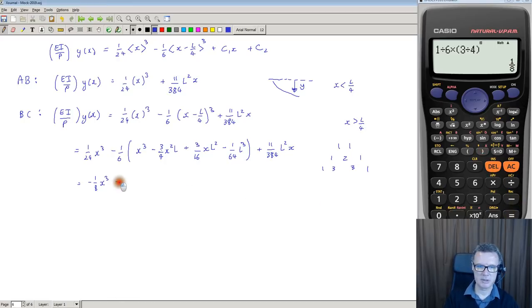So plus 1/8, and that will be x squared L. And things get a bit more interesting for x's, because these two things need to be combined. So we've got 3 over 16 plus 11 divided by 384.